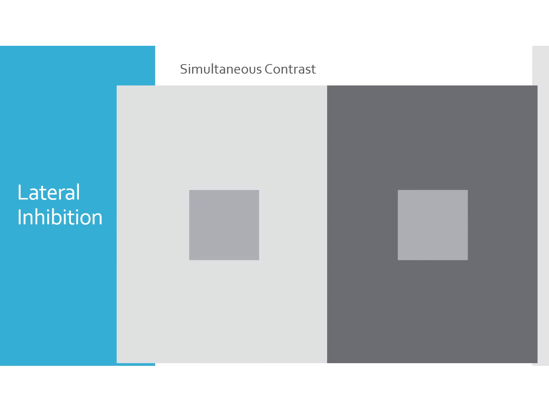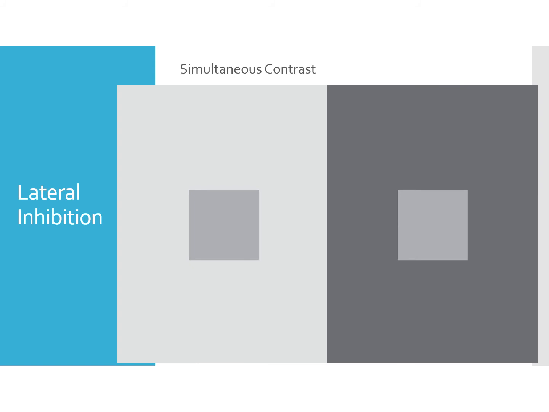I'm going to go through this explanation of an illusion to show you that lateral inhibition is happening. And if you're in my sensation and perception class, you know that it's a little bit more complicated than this, and we have some illusions that we cannot explain with lateral inhibition, even though the same kind of thing is happening, but in a different way. But just so we're doing this one time, this simultaneous contrast is an illusion.